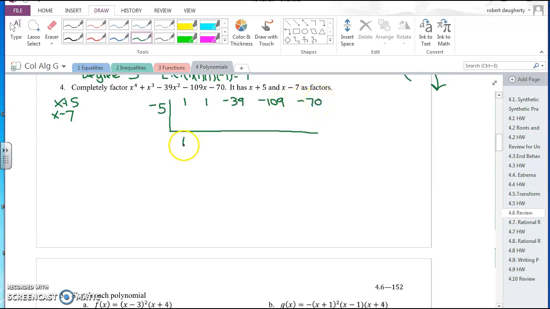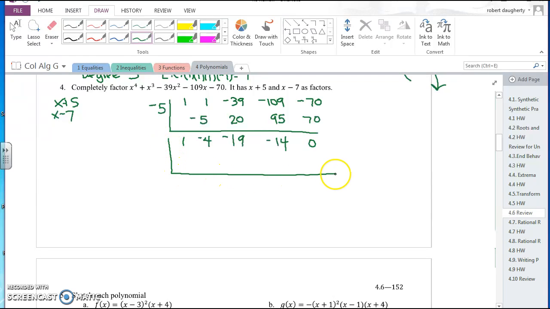So bring the 1 down, multiply to get negative 5, add to get negative 4. Multiply to get 20, and then you subtract that to get negative 19. And then 5 times 19, that's going to be 95. And you add that to get negative 14. Negative 5 times negative 14 is 70. That adds to give me 0.